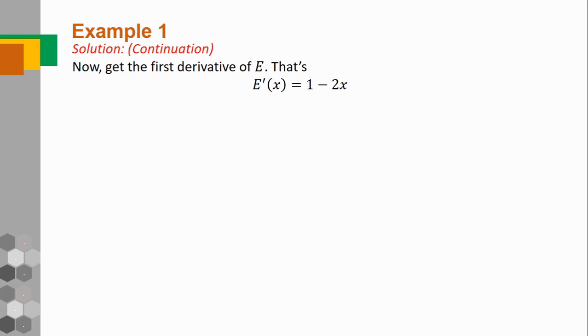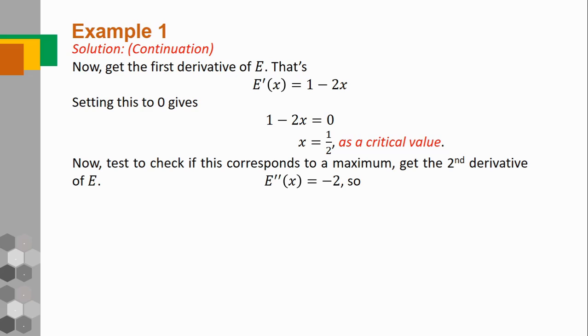Now, get the first derivative of e, and that's e prime of x equals 1 minus 2x. Setting this to 0 will give us 1 minus 2x equals 0 and x equals 1 half. x equals 1 half can be a critical value. And now, test to check if this corresponds to a maximum.